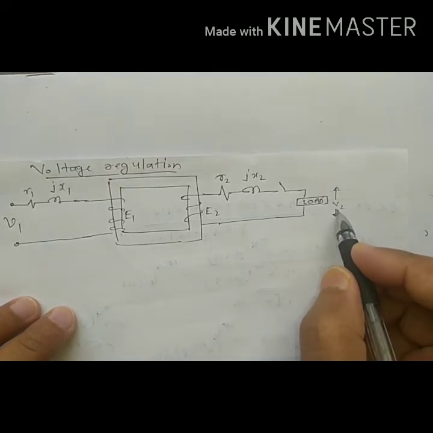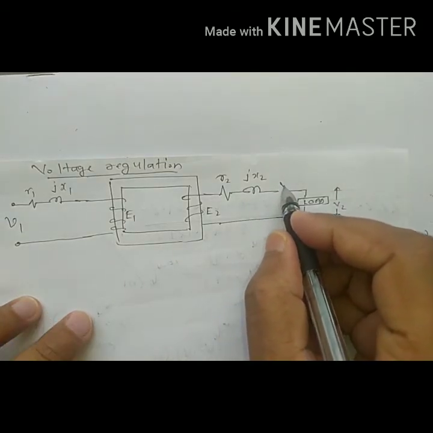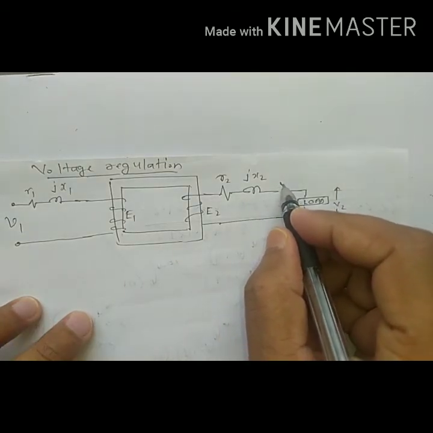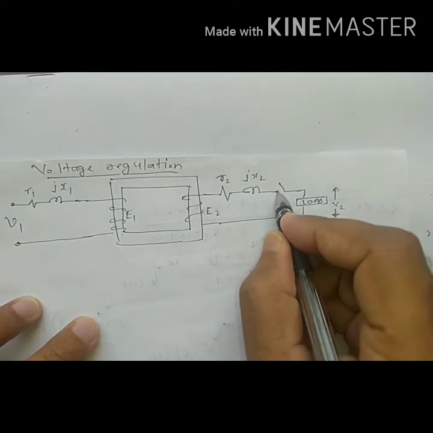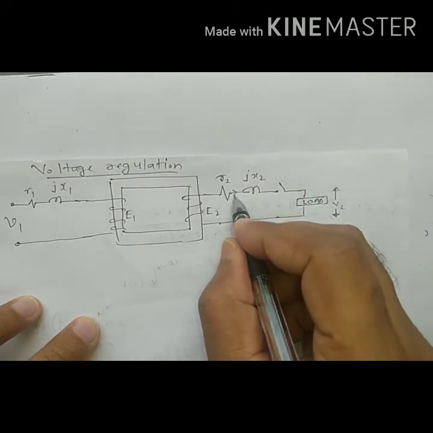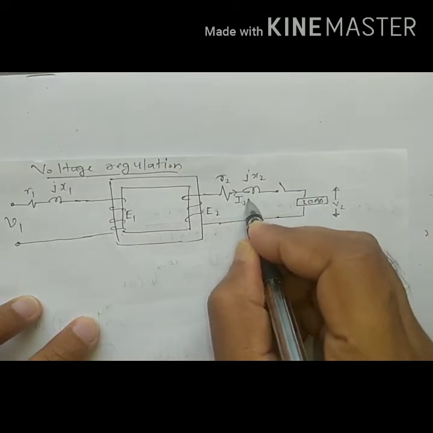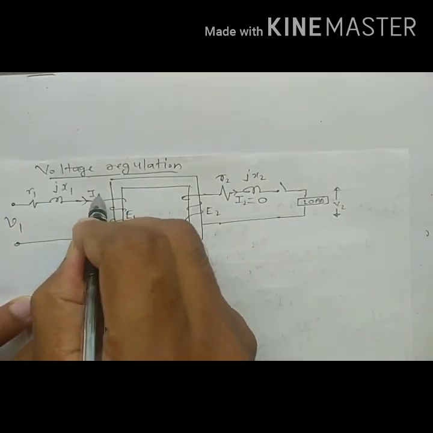This is load voltage V2, right? So when the load is open, this switch is open, then current I2 is 0. Here the current will be I1.